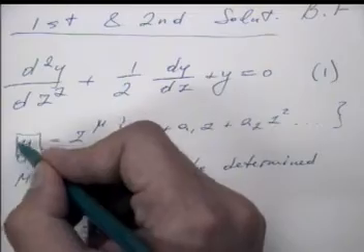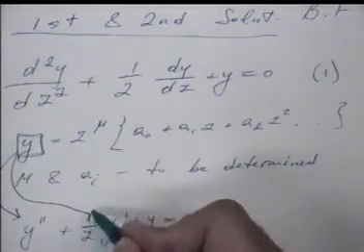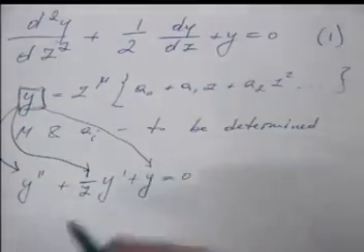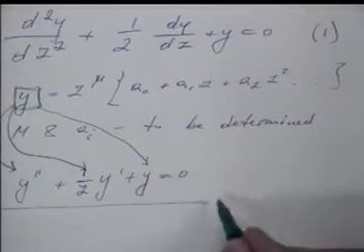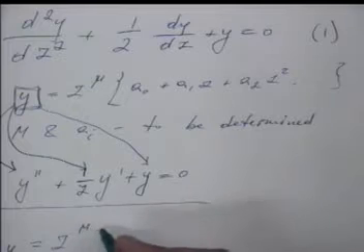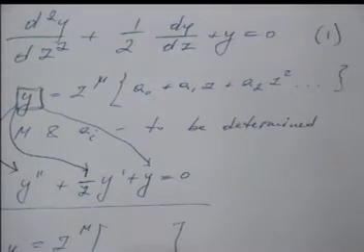All these three series we substitute into this equation, and we obtain the following: y is equal to the initial series, and I'm not going to rewrite it.